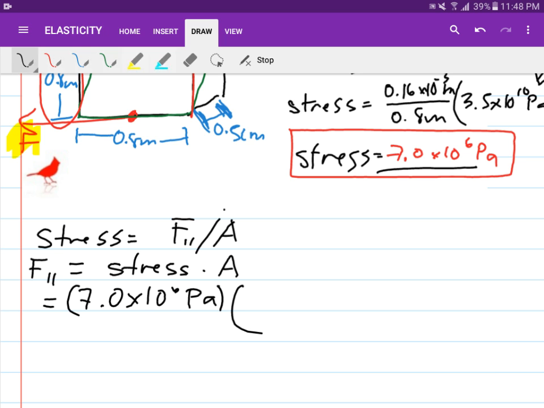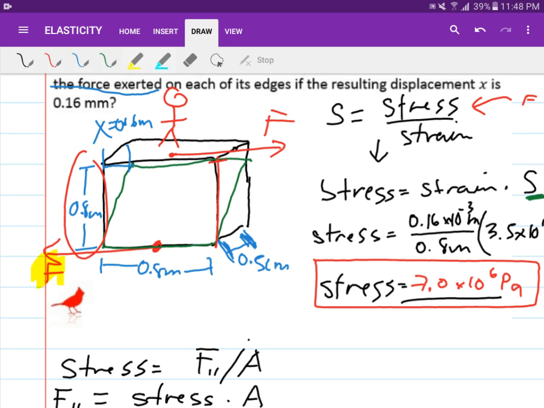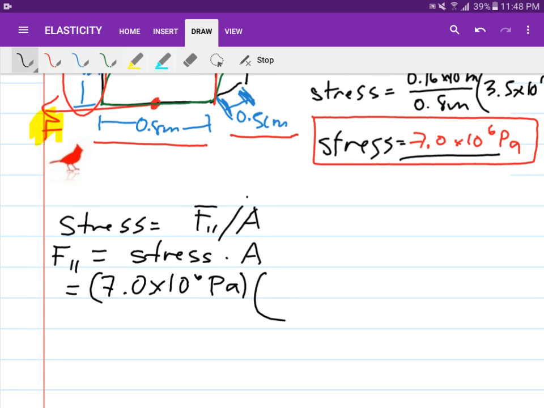times the area on which the shear force is applied, which is 0.8 meters times 0.5 cm.